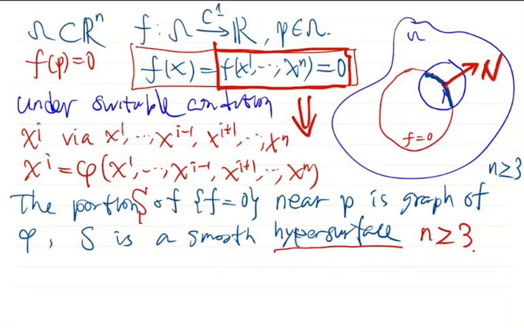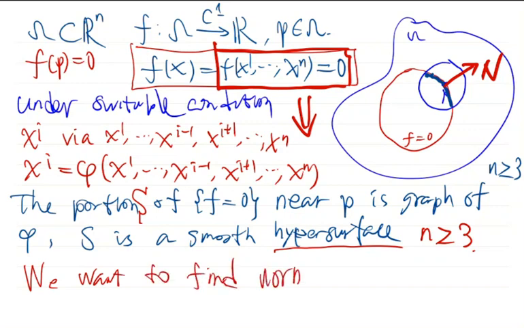We want to determine this n. That is the normal vector of S at the point P. How to compute this normal vector? This is our question, okay?